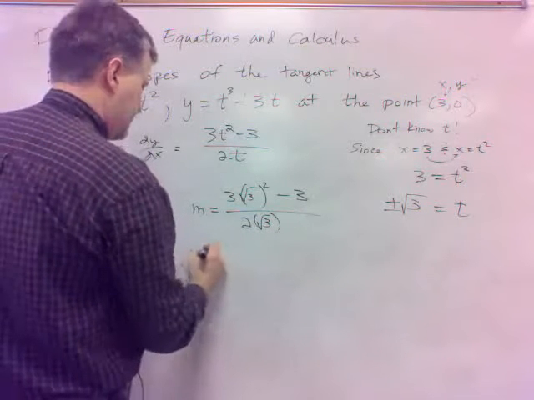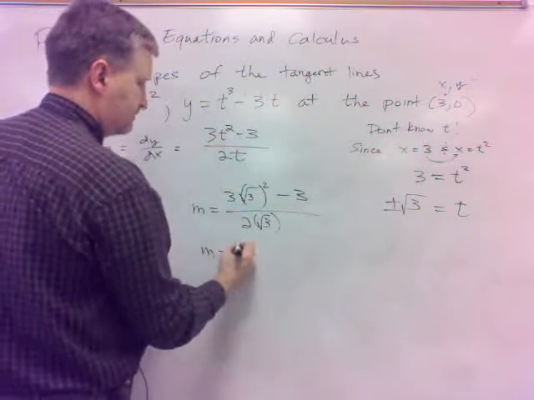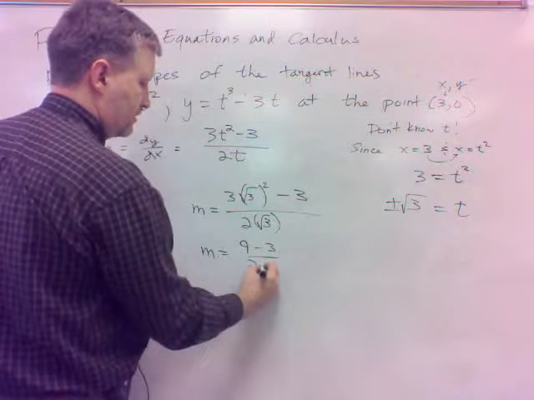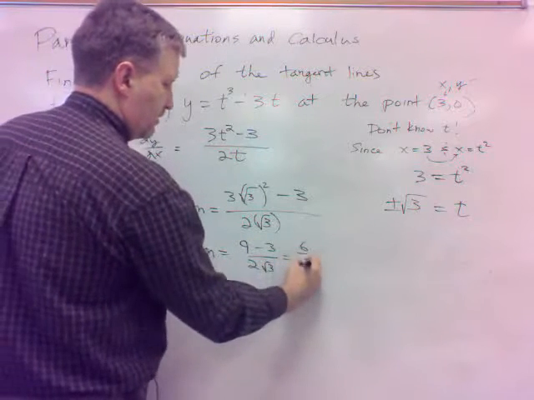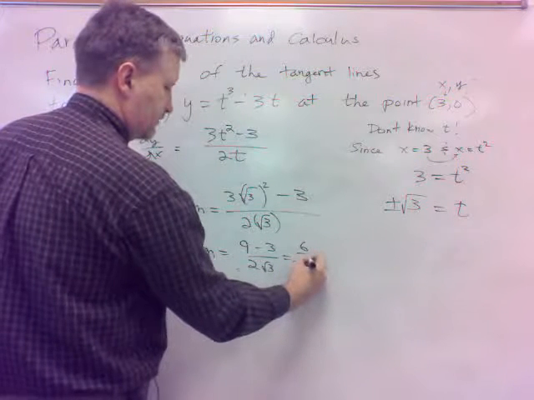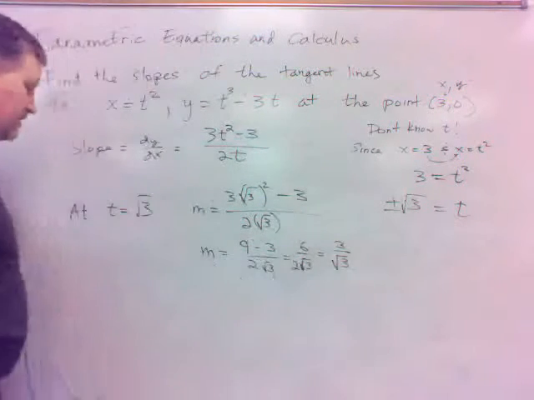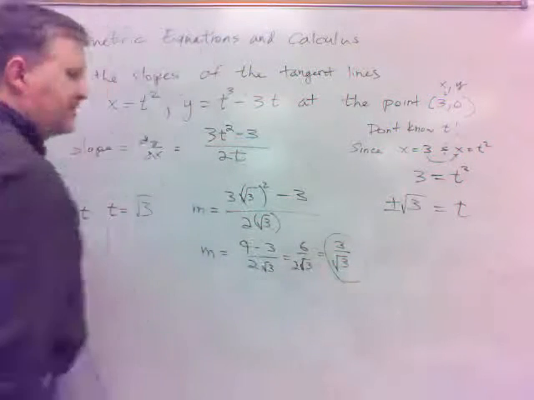What does that give me? 3 times 3? 9. Minus 3 over 2 square root of 3. Just 6 over 2 square root of 3, which is 3 over square root of 3. And you can rationalize the denominator there if you want. That is one of my slopes.